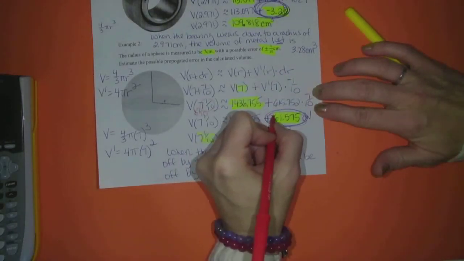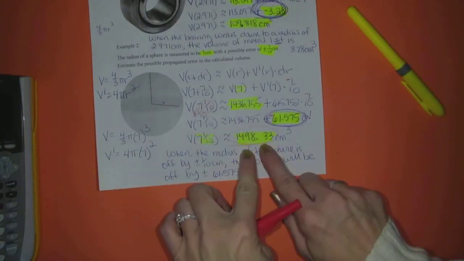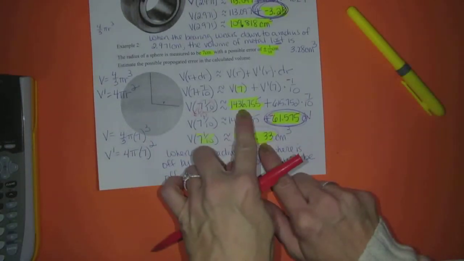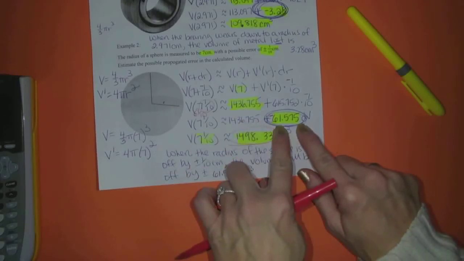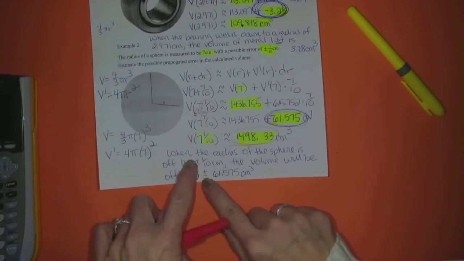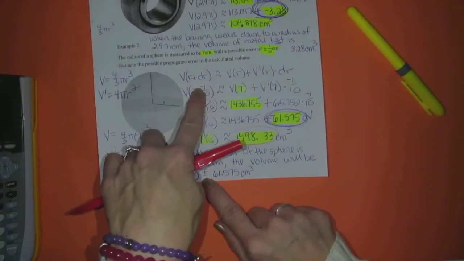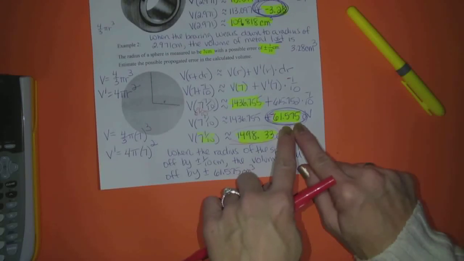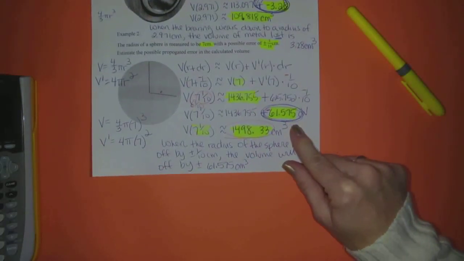This would have changed to a negative, and this right here would have been less than our original volume at a radius of 7. So that's why I can simply put the plus or minus in, because whether this is plus or minus 1/10, this just gets affected by either plus or minus 61.575 cubic centimeters.